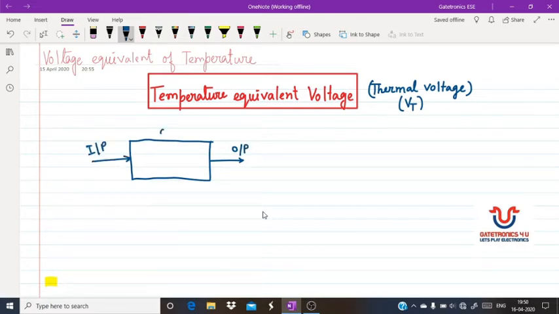Now, suppose in the first case, the temperature of the device is T1 and we have given some input voltage Vi and we have got V01 at the output of the device. Now let us assume that the temperature of this device by some means has been changed from T1 to T2.